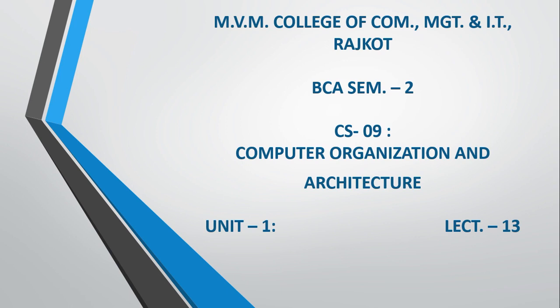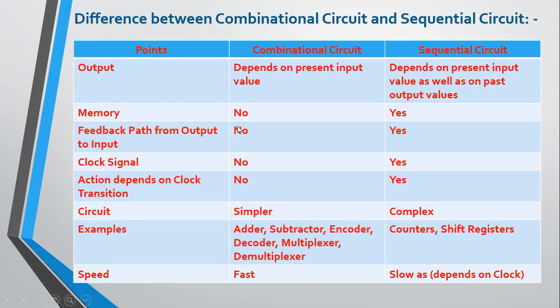So let me share the slides regarding the difference between combinational circuit and sequential circuit. This you need to write in the book, so that at the time of exam, if it is asked as a difference, at that time you need to write the following table.